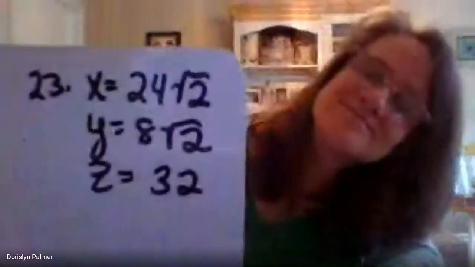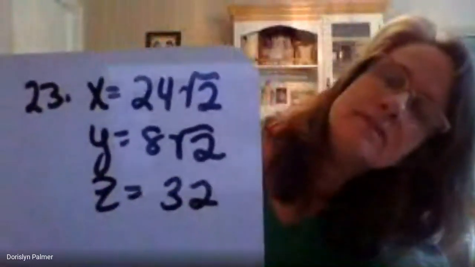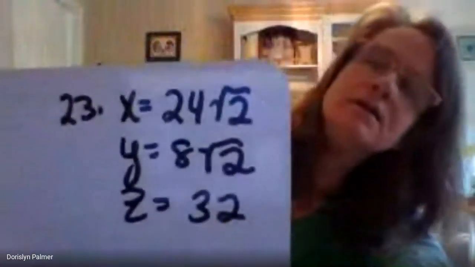All right, 23. x equals 24 root 2, y equals 8 root 2, and z equals 32. You guys see that? Mm-hmm.